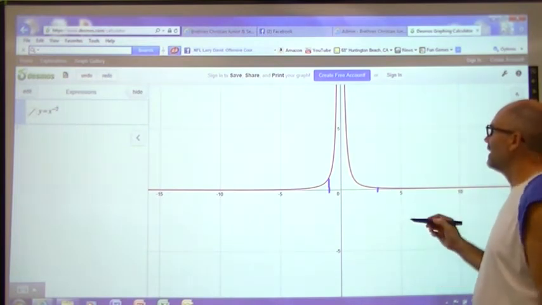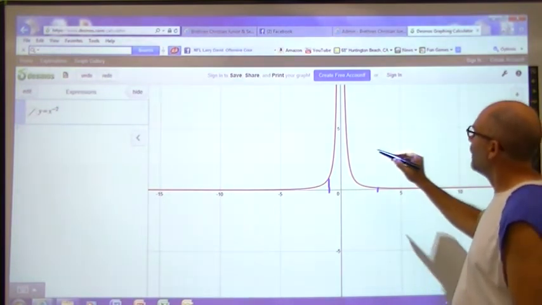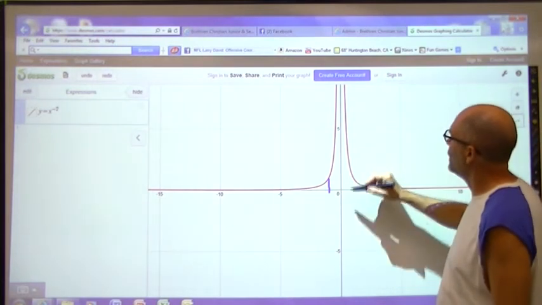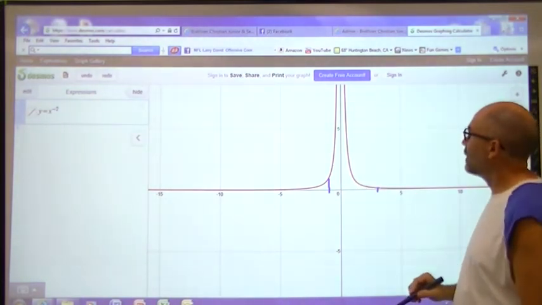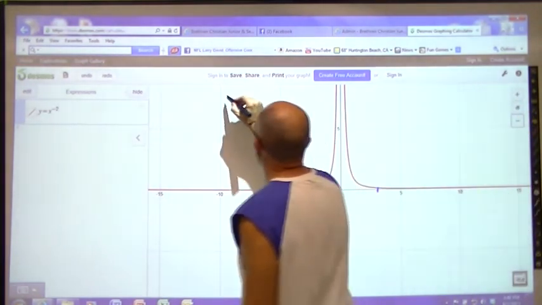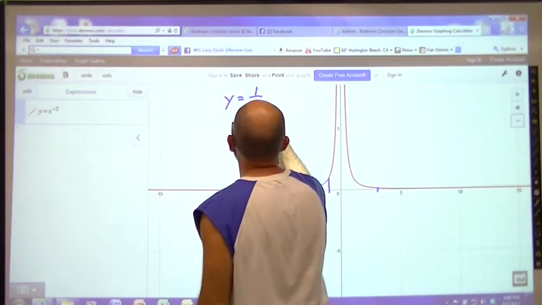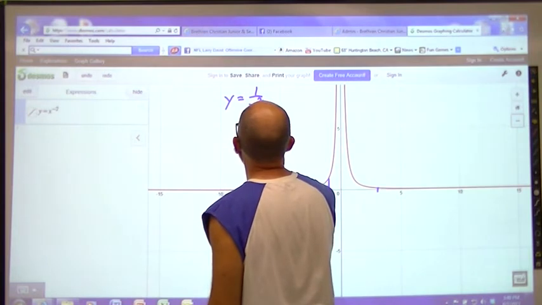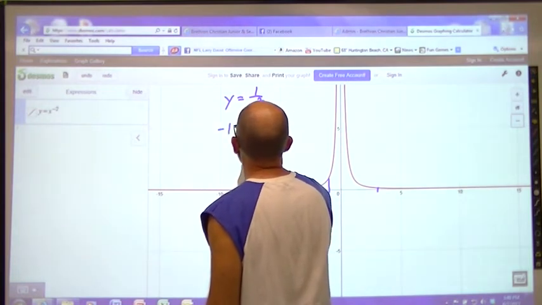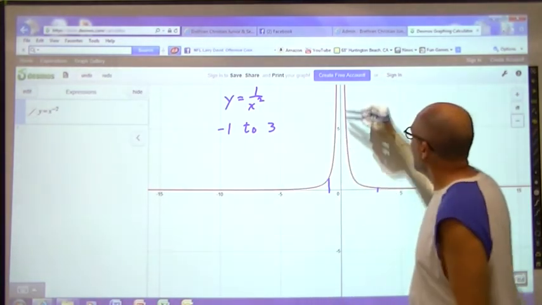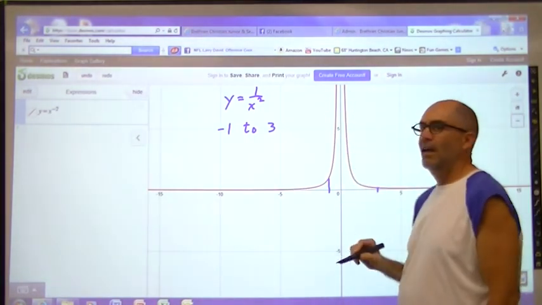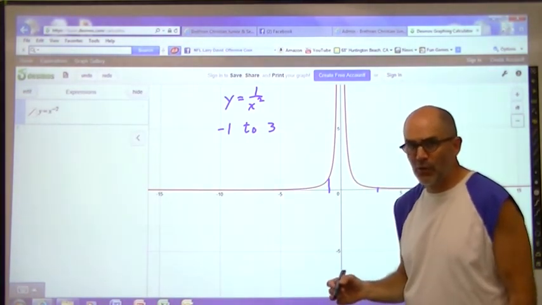Okay, the reason is because this function is not continuous from negative 1 to 3. There's a point of discontinuity. Notice if I have y equals 1 over x squared, and I'm trying to go from negative 1 to 3, then I'm going across an undefined value.